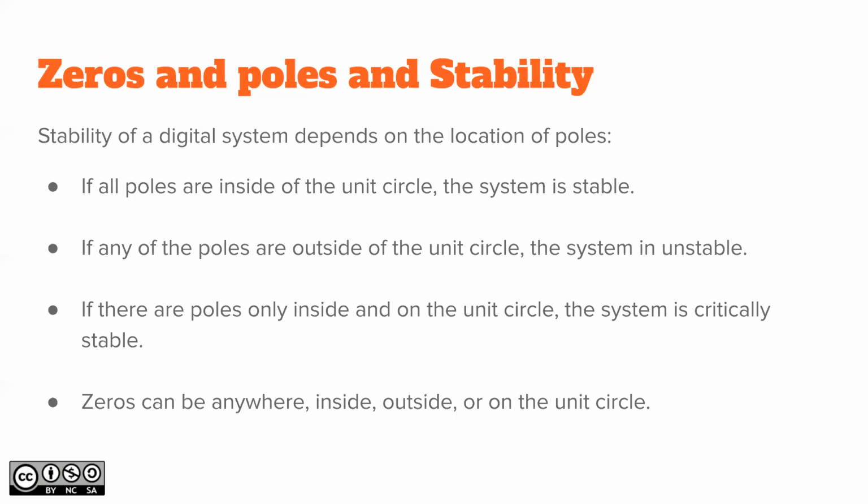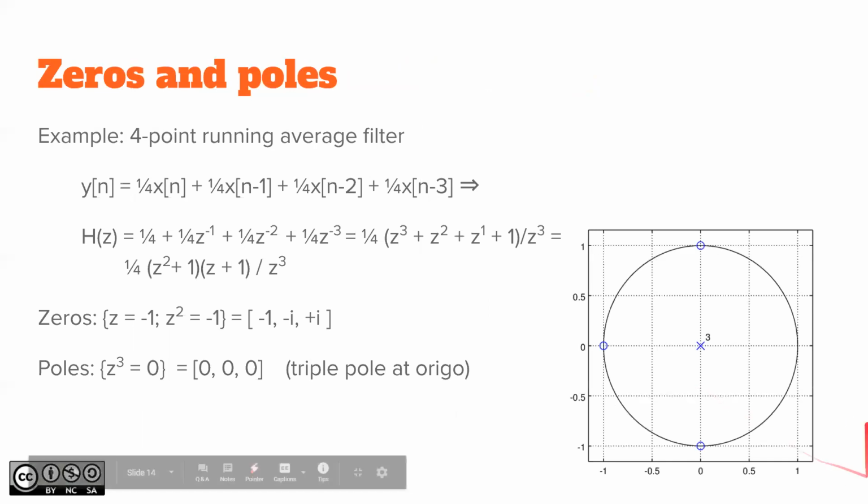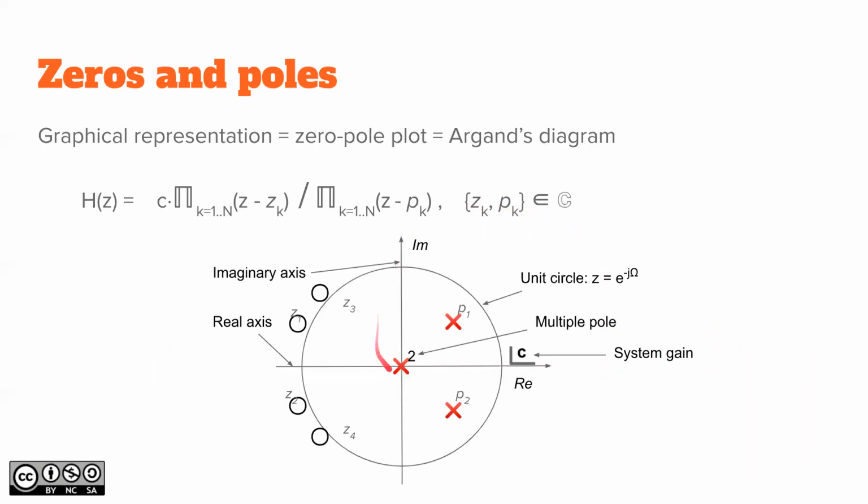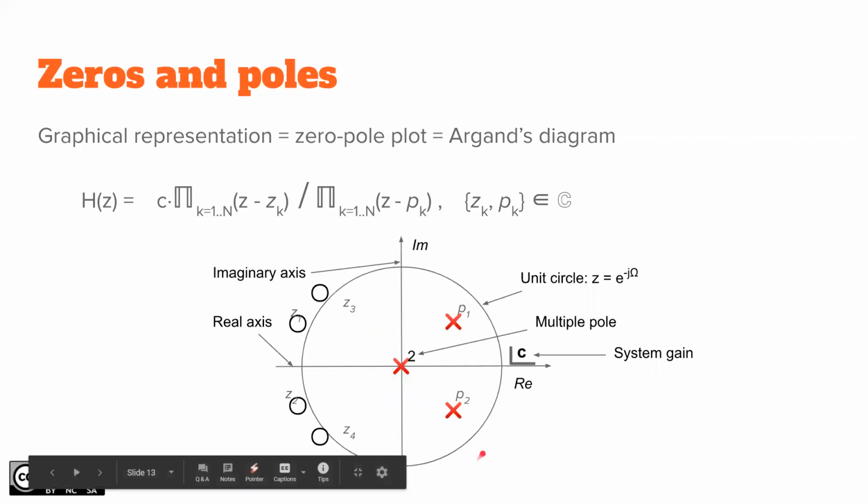That requires that all poles are truly inside of the unit circle, meaning a system like this. It is about poles. Zeros can be anywhere. For example, this system is stable since the poles are inside of the unit circle.